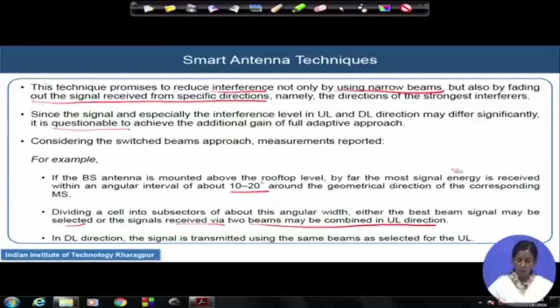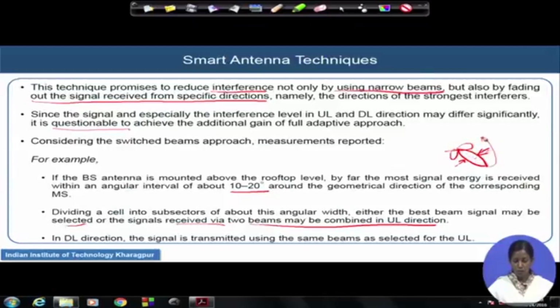So, the situation is something like this: the mobile station to the base station combination is giving you the maximum signal energy within 10 to 20 degrees of the beam width. If this is the situation, then either I can select any one beam, the best beam signal that is coming, or the signals received via two different beams.